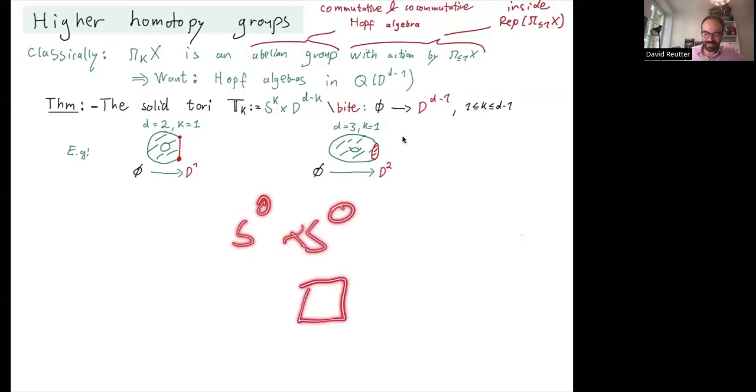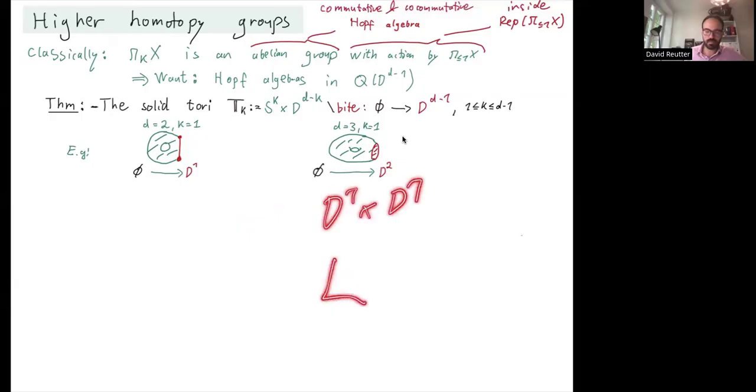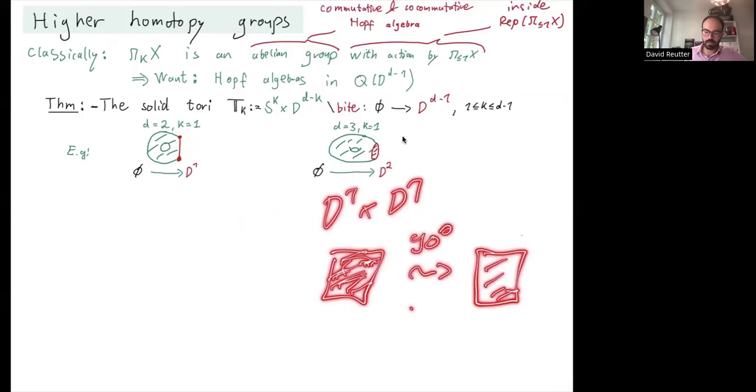For S0 times S0, the antipode looks like a quarter rotation. So you take your square, I mean, it's just four corners, right? It's really a D1 times D1. This construction more generally would work for D1 times D1. And then it's the square, and what you do is you quarter rotate the square. That's what the antipode is.